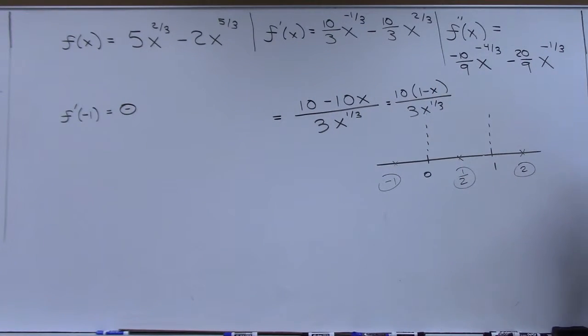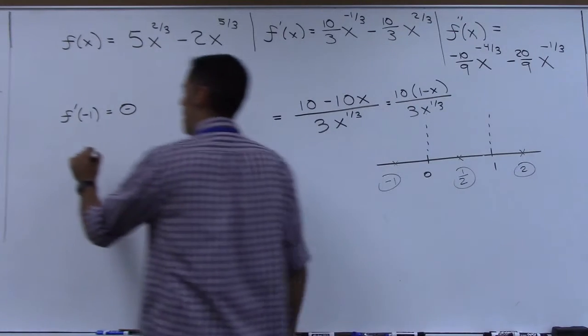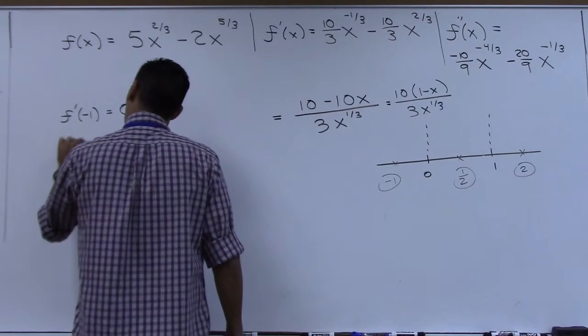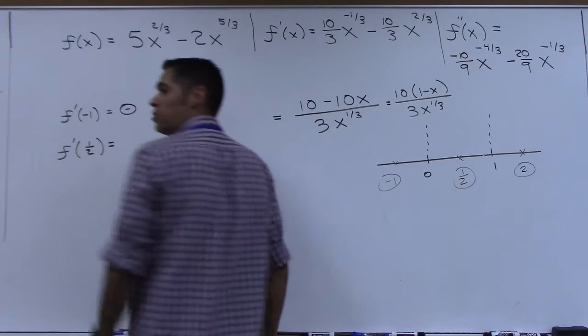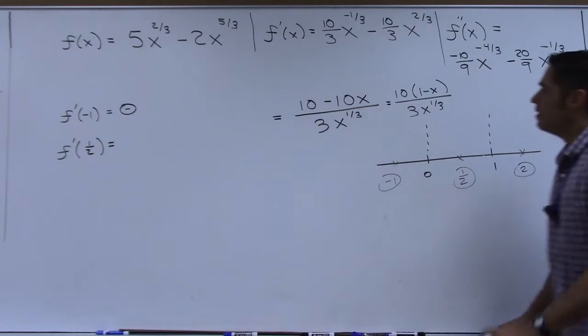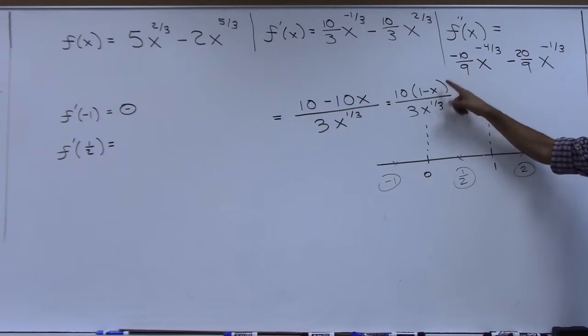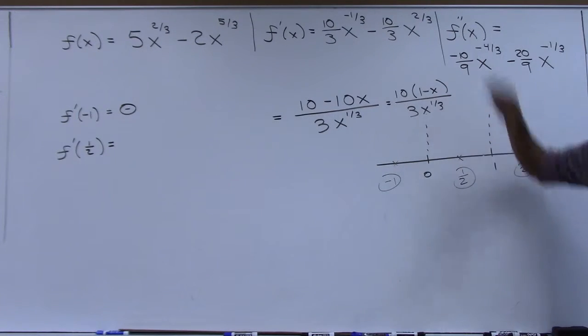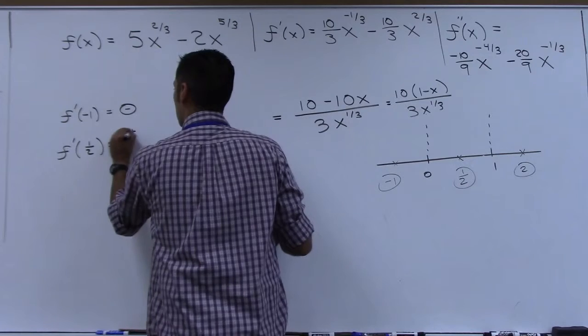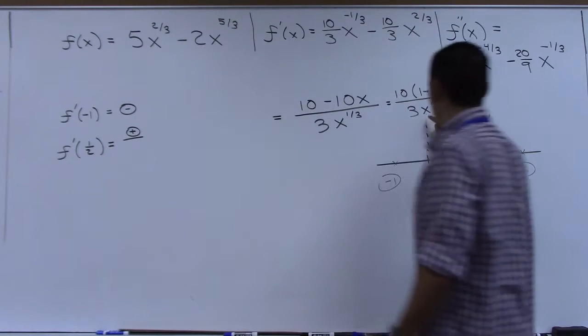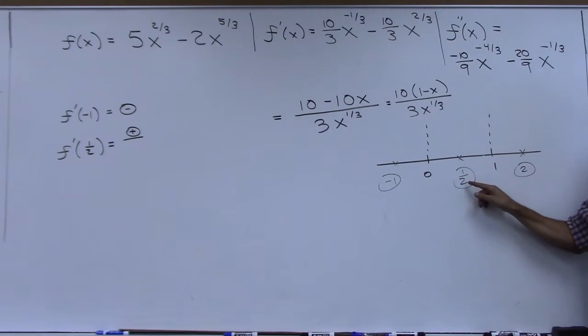Plug in 1/2. And don't assume it's going to switch, okay? Like I said, 1/2 into here. 1 minus 1/2 is still positive times 10. So I have positive on top. What's the cube root of 1/2? Who knows? But it's positive, isn't it?